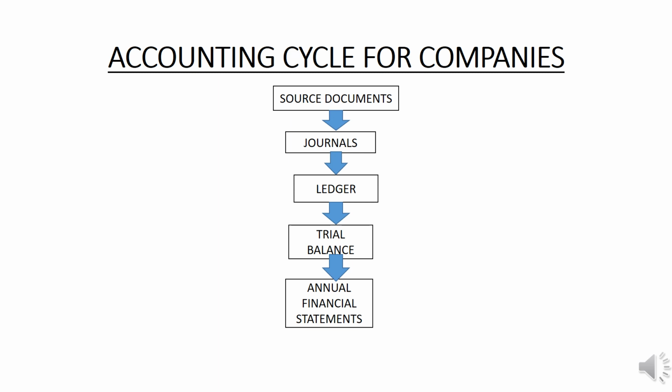Number one, we are referring to a source document. A source document is an evidence or a document that validates that indeed a transaction did occur. It's called a source because it gives us the primary information that we need to record a transaction.